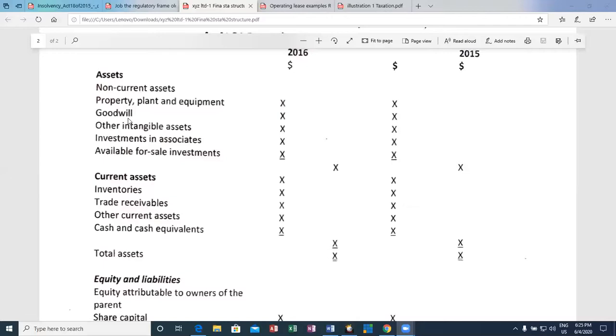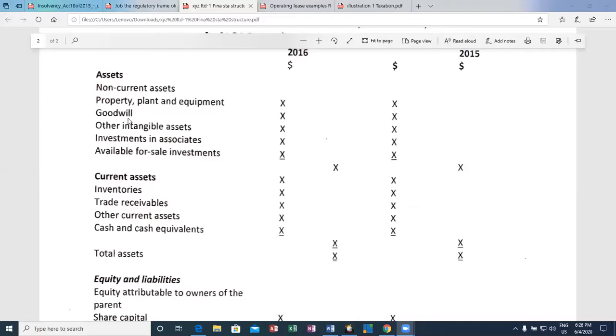So then to continue, the non-current assets will be either property, plant, equipment, or goodwill, or other intangible assets, investments in associates, available for sale investments. Now this gives you a range of the categories under which you try to fit in any information about non-current assets.